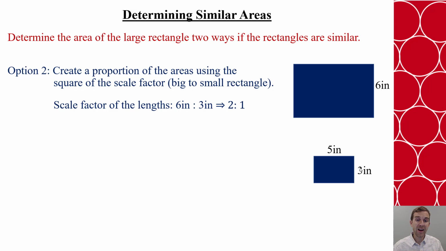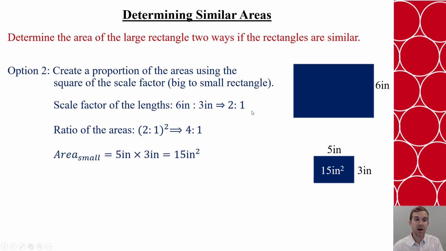When I'm talking about the areas then, I would square that. So 2:1 squared means that the area will be 4 times as large. So now I can set up and look at my areas. The area of my small rectangle would be 15 square inches because it's a 3 by 5. And now I'm going to use the area of the large and the area of the small and that ratio of the areas to help me determine it.